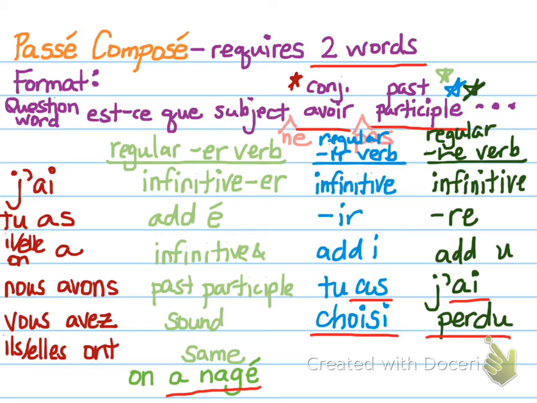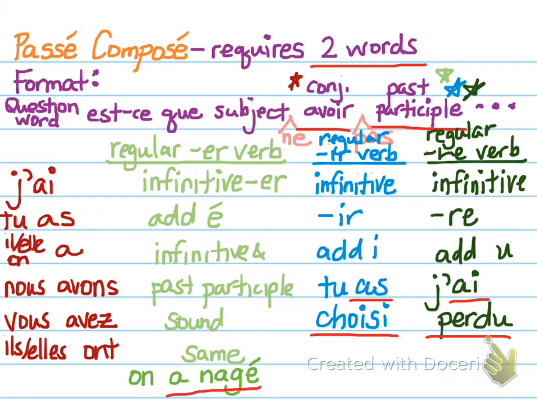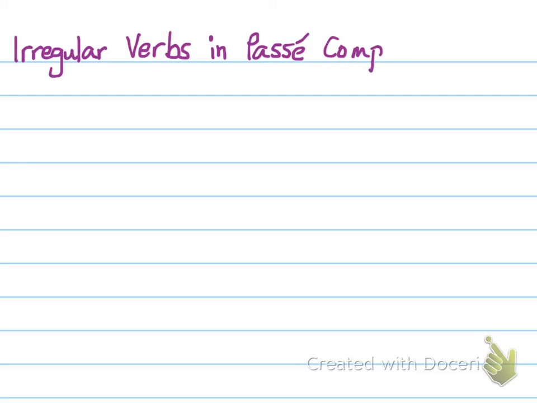Remember that along the way, you've also learned some irregular verbs. Now, again, the format is still the same, and I'm just going to leave out the question part of that. So our format, I'll just put a dot, dot, dot in case it's a question.